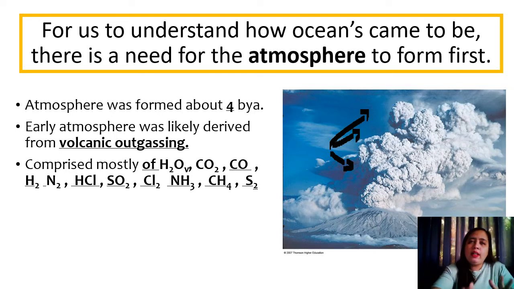For now, what I want you to understand is volcanic activity causes volcanic outgassing. And volcanic outgassing will release a lot of elements. These elements could be in dust form, vapor form, or small elements that could not be seen by the naked eye.